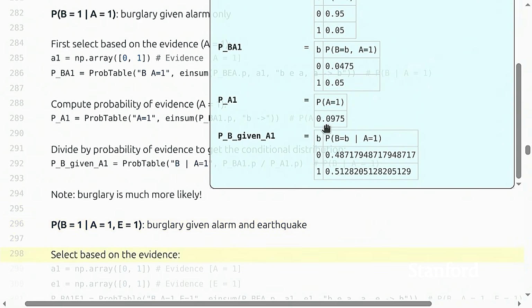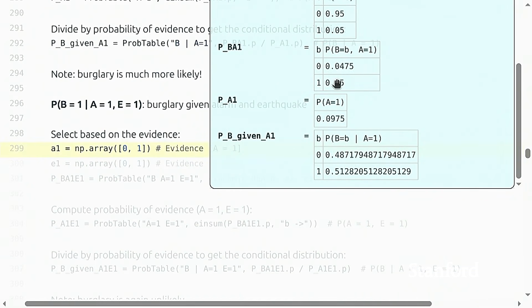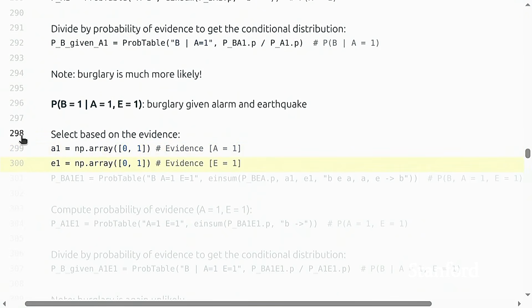Here I have two pieces of evidence, so I'm going to define two selection tensors, A1 and E1. Then I'm again going to do this mega operation where I take the joint distribution, the probability of B, E, and A, and multiply by the selection tensors A1 and E1 to zero out the rows where the evidence is not true.